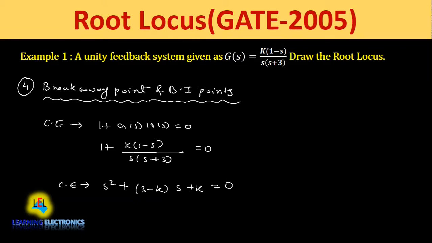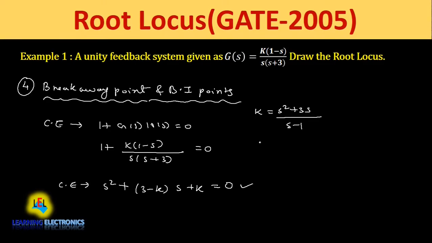To find the breakaway point, we have to find the equation of K from this characteristic equation. K will be equal to (s^2 + 3s) divided by (s - 1).